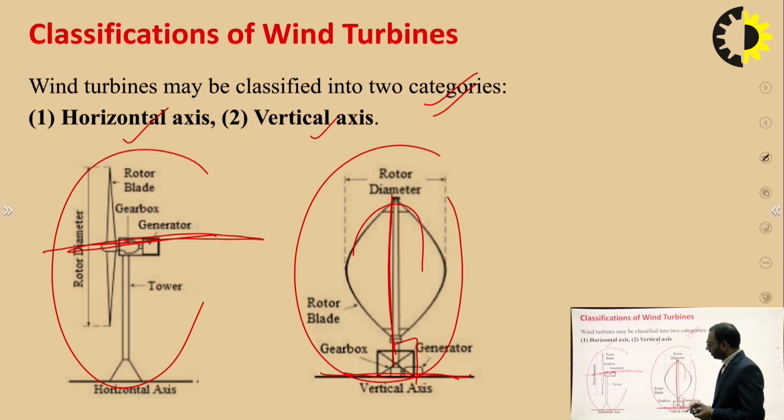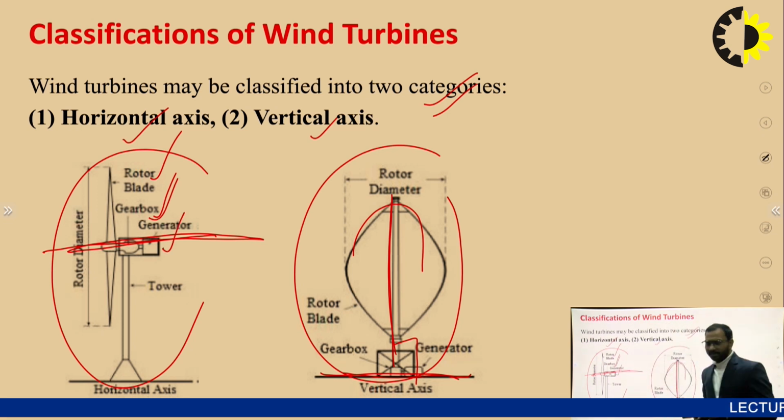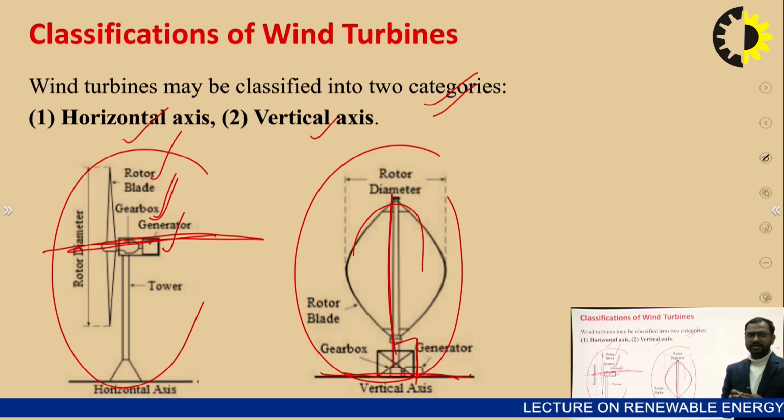So these are the components of any wind turbine: number one is the rotor blade, then the gearbox, then the generator. Basically, the generator is the component which produces electricity.